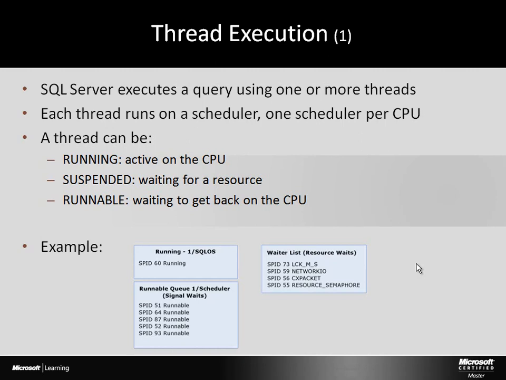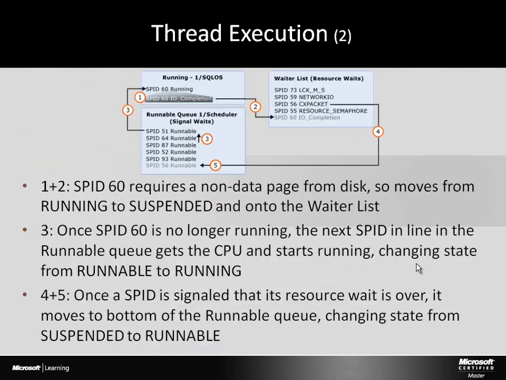Taking this particular example, say the thread that's currently running, SPID 60, has to do an operation and it's going to have to read a non-data page from disk. So it becomes suspended, and the resource that it's waiting for is an I/O completion. Once it becomes suspended, the CPU is now free, and the thread at the top of the runnable queue can then transition to being running.